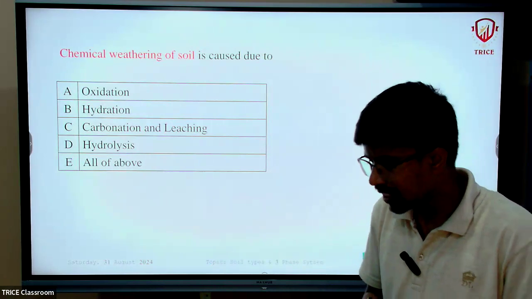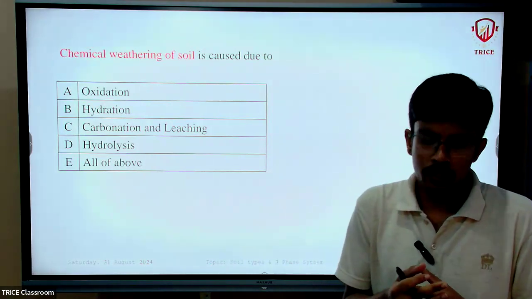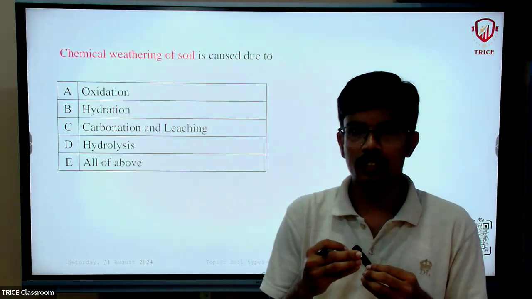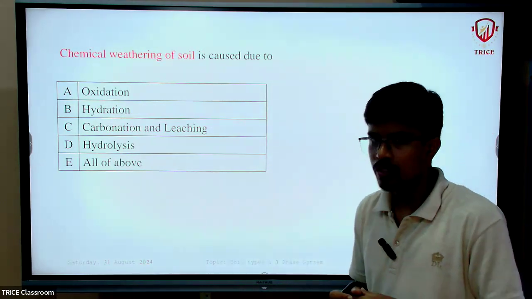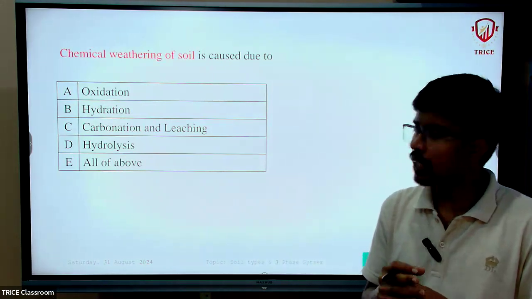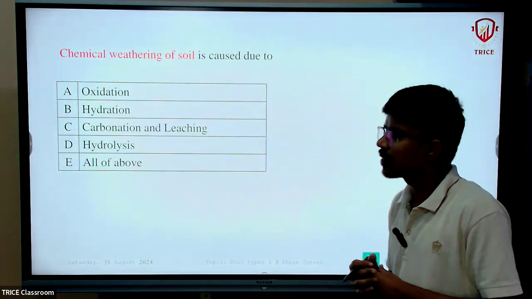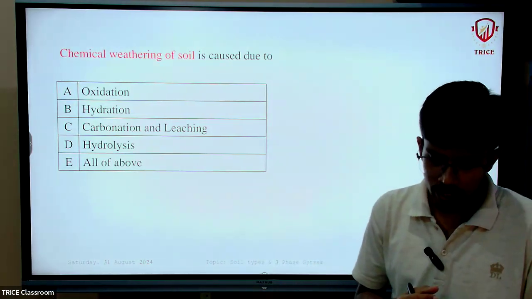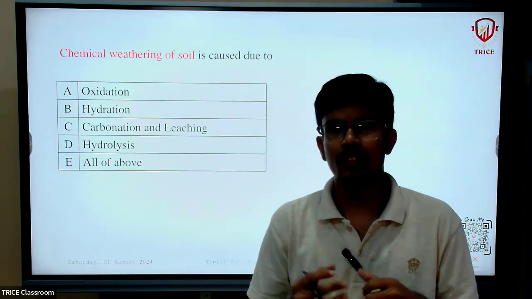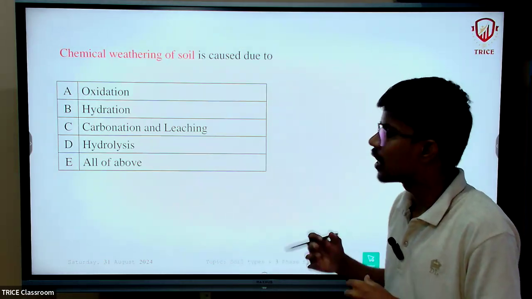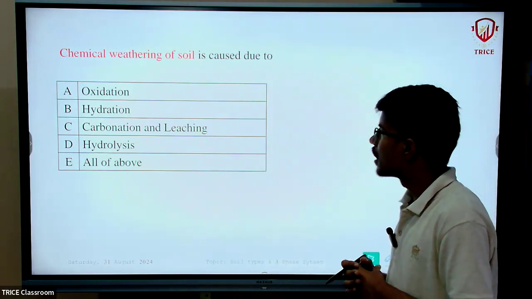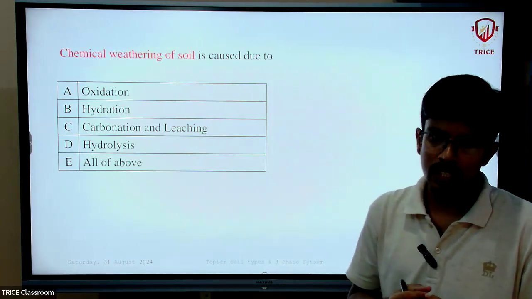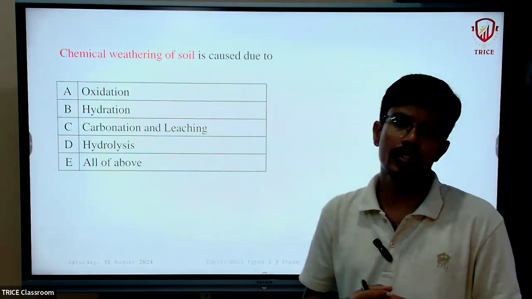Next, if you take the fine grained soils, the soil has certain plasticity characteristics due to the presence of mineral properties. It requires the oxidation process, when the soil reacts with oxygen, then hydration, which reacts with water, then we have carbonation, leaching and hydrolysis, right?